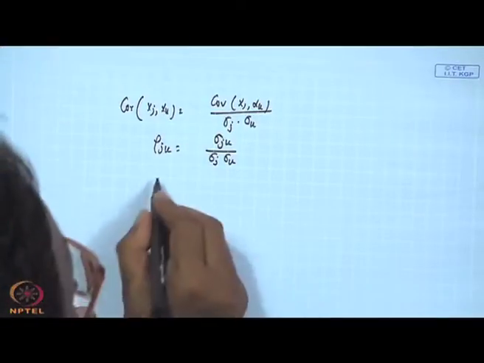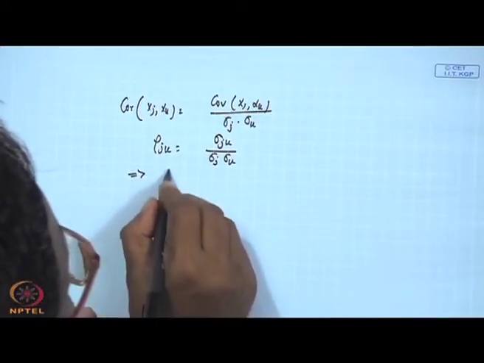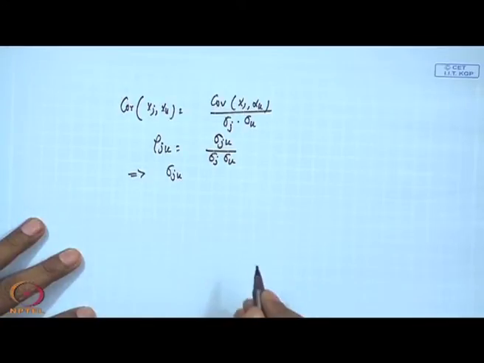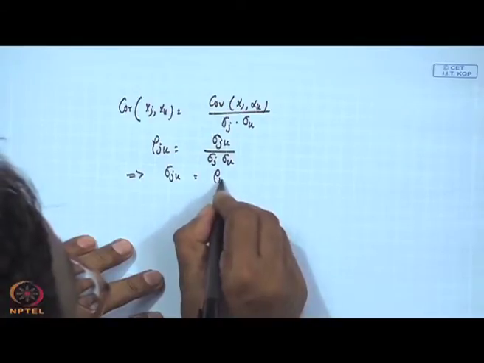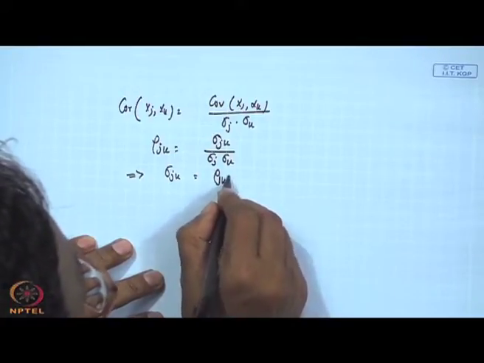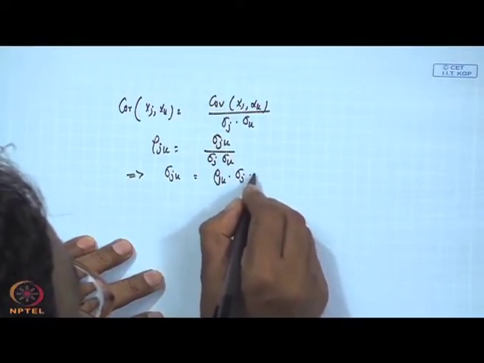That is the relationship. What is the relationship then? The covariance between two variables is the correlation between the two variables times its standard deviations.